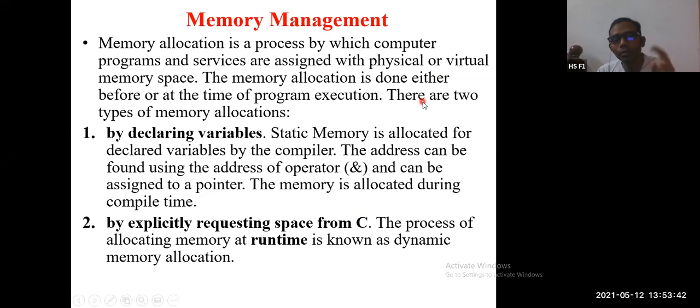So here we have two things: static memory allocation and dynamic memory allocation. Whatever programs we have seen so far come under static memory allocation. Static here does not mean the static keyword whose value we can't change. That is different. Static memory allocation means the compiler allocates the memory at the time of compilation.